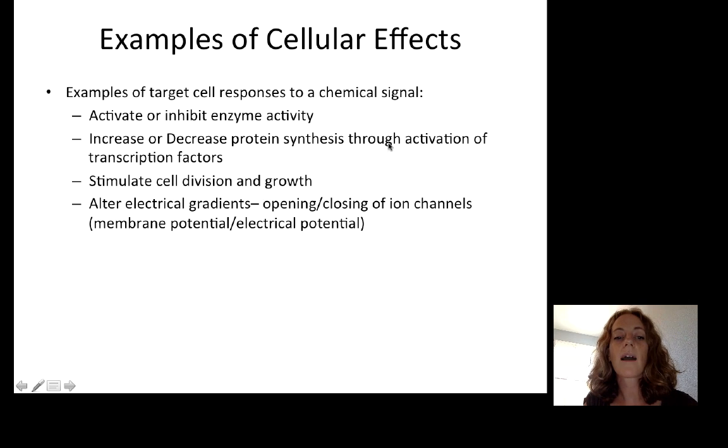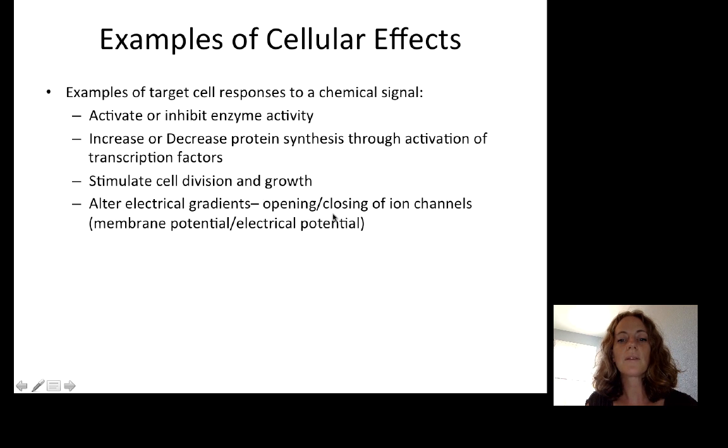They can do that through activation of transcription factors directly on the DNA. They can also stimulate cell division, so they can affect mitosis and cell growth processes. They can stimulate it, they can inhibit it, they can make cells get bigger, they can make cells stop growing, many possibilities here. And finally, we'll do a lot of this when we get to the nervous system, particularly for neurotransmitters. They can alter electrical gradients.